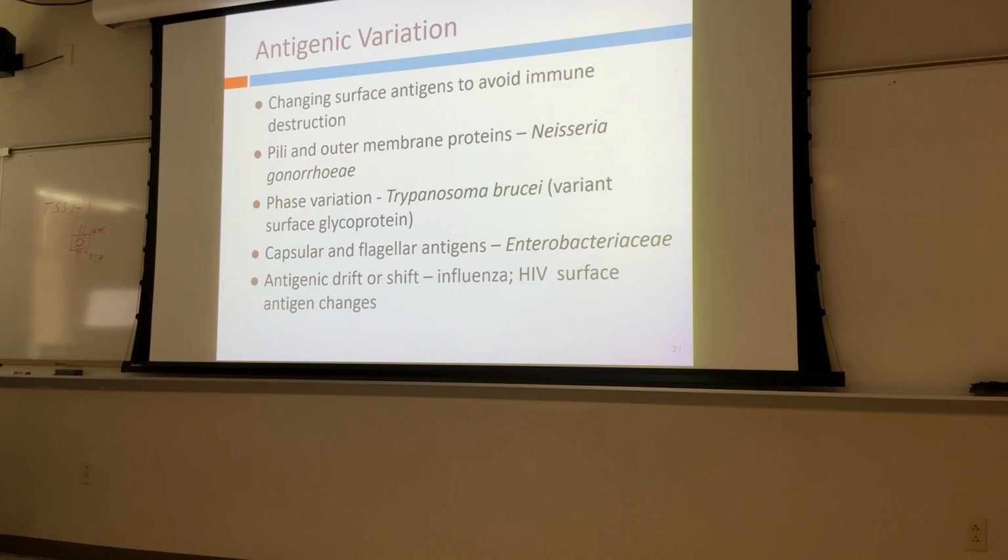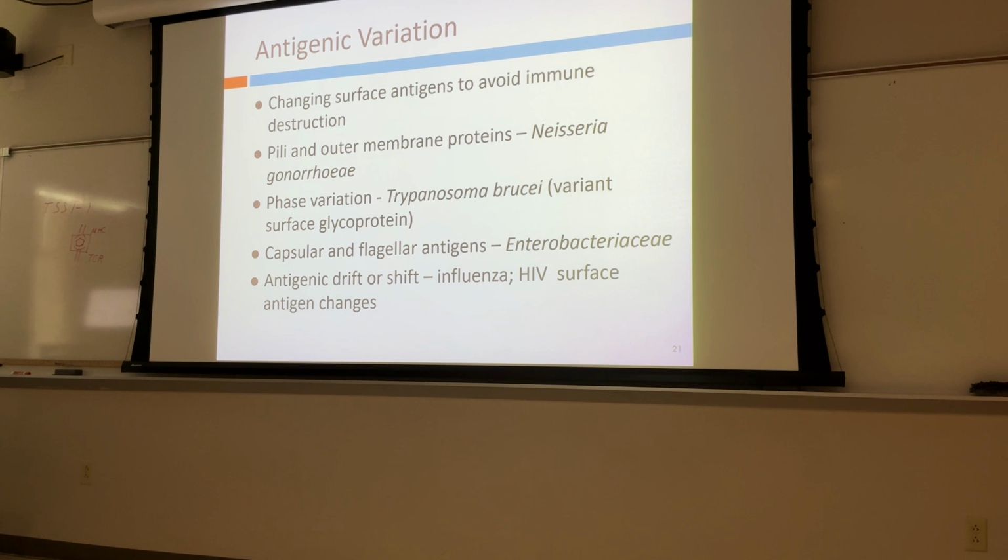And then it starts to decrease the expression of protein 2, and then it'll make protein 3. Never really turns off the expression of one of those things. It's always making it, it's just changing the relative ratio of how it's making it. So it makes it really hard for your antibodies and your immune system to recognize those things. That's antigenic variation.